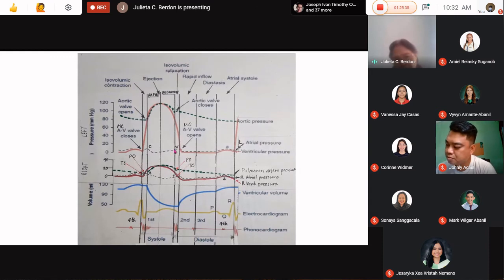And diastole is from onset of isovolumetric relaxation to the onset of ventricular contraction, isovolumetric. So cycle din na, isovolumetric contraction. So di ba nag-cycle na?